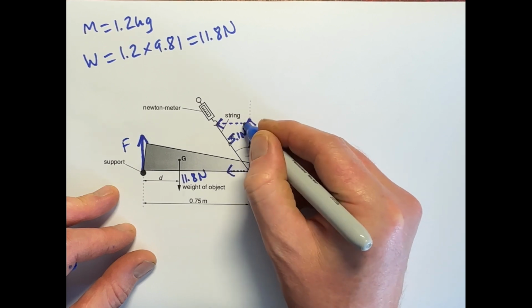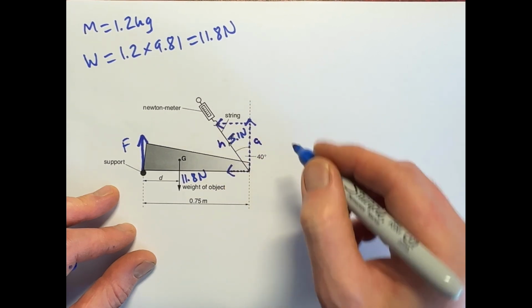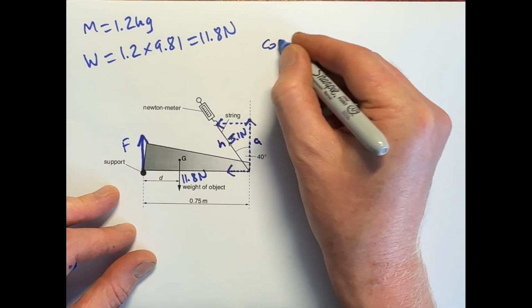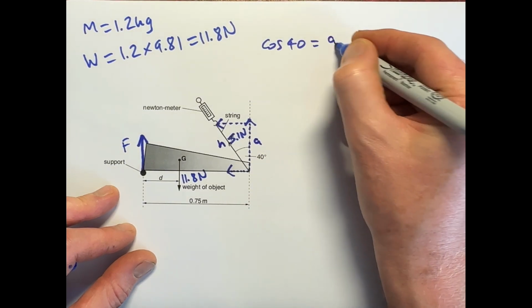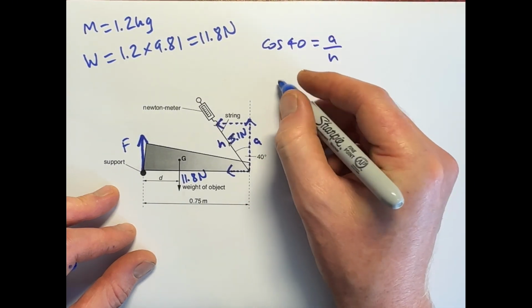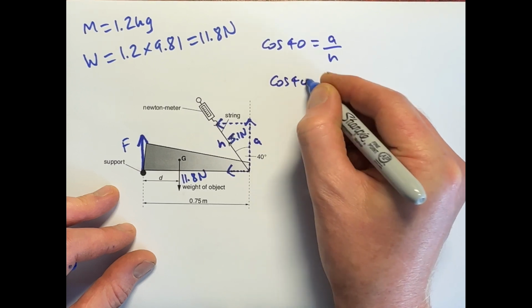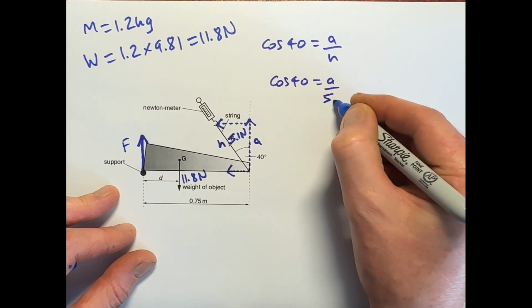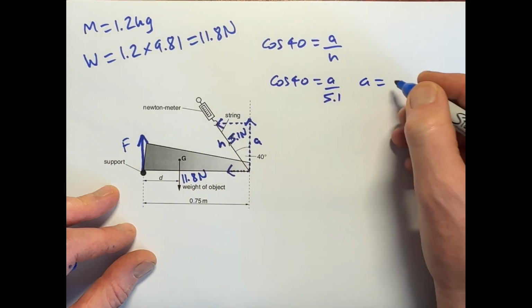So this is a right angle triangle. This is the hypotenuse and this is the adjacent. So we know that cos of 40, because that's the angle there, is equal to adjacent over hypotenuse. So cos 40 is equal to adjacent over 5.1, because the hypotenuse is 5.1 newtons.